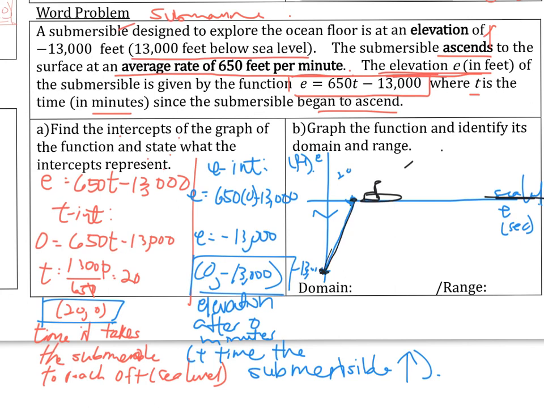And our domain will be from 0 seconds inclusive to 20. And our range will be negative 13,000 less than or equal to E less than or equal to 0. And that concludes our lesson.